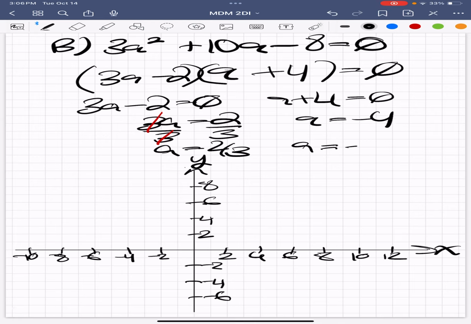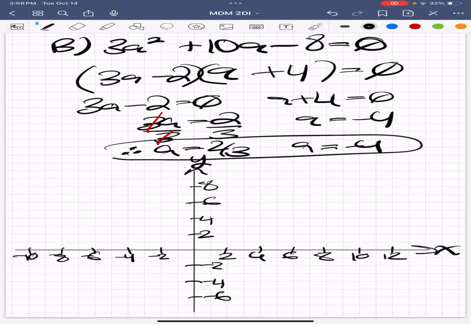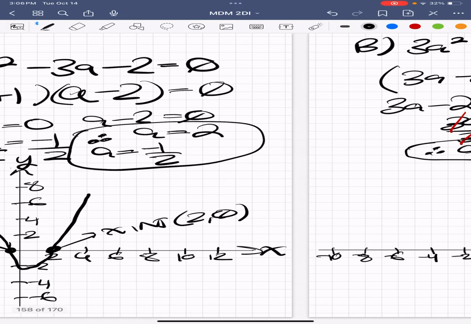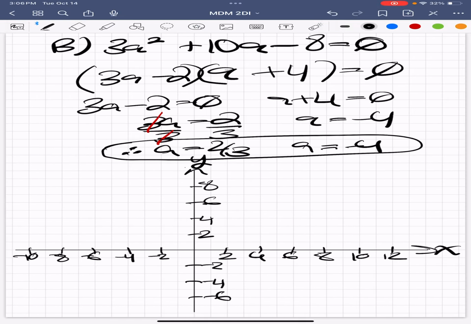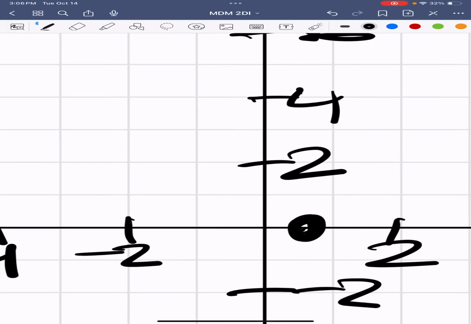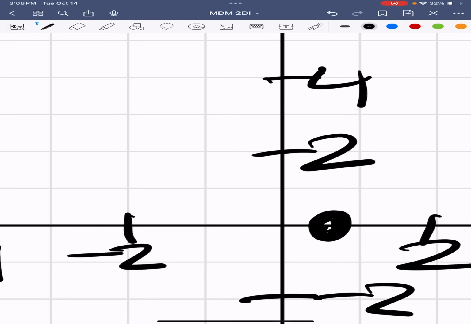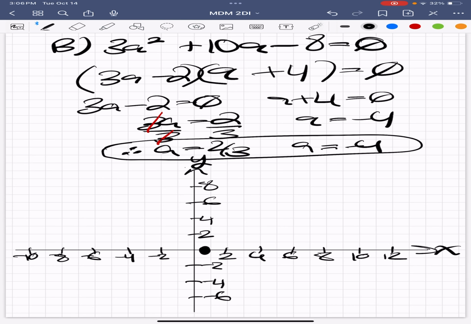So a equals -4, bring it down. And then there you go. So we have 2 over 3 and -4.